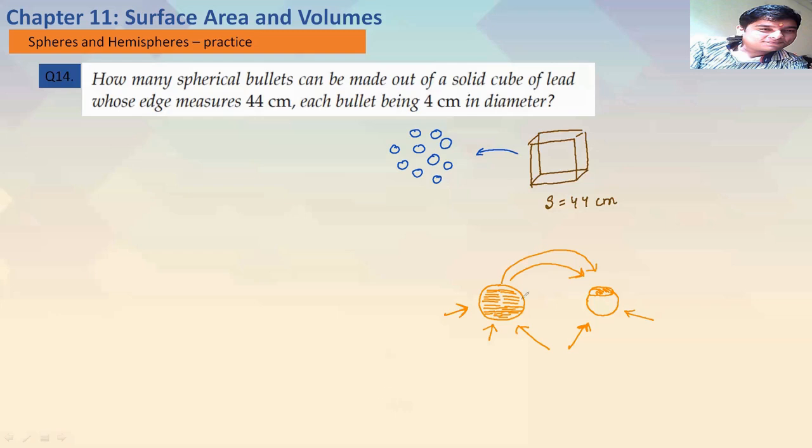Because the same substance is being converted into the ring. What does that mean? It means that the volume is the same. Are you getting the picture? The volume here is the same as the volume here. That's why there will be no change in price.